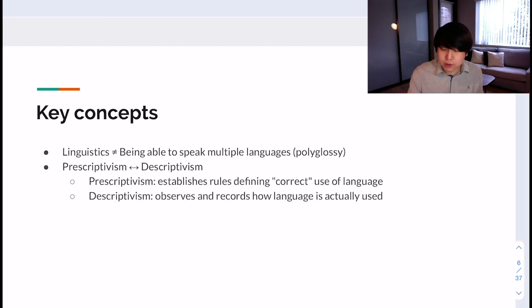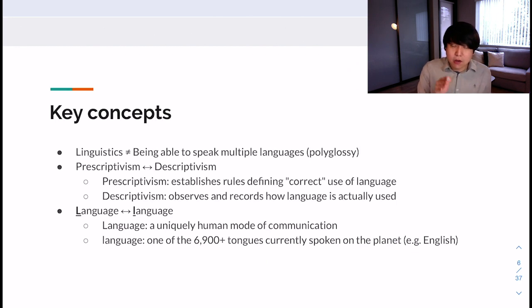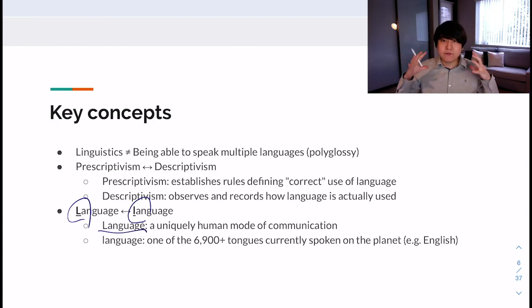That's a descriptive approach to language. And there's also another important distinction between language with an uppercase L, with a big L, and lowercase l with a small l. Language with a big L covers the general language faculty that exists in our mental system. So it's a uniquely human mode of communication.